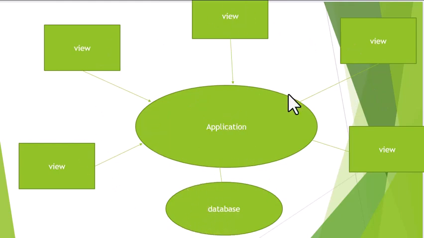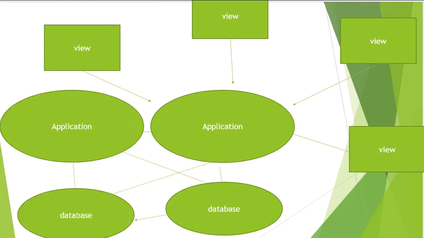Three layers you have here. Now if you talk about the entire architecture or multi-node architecture, you have views 1, 2, 3, 4, and wherever you see view, that's called the presentation layer, and you have the application layer and the database here.